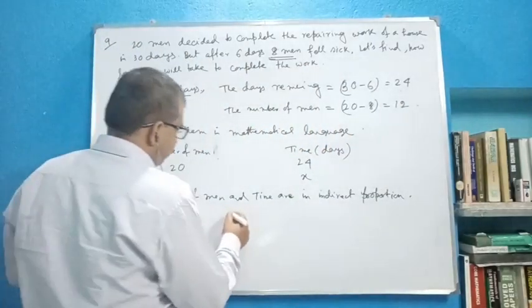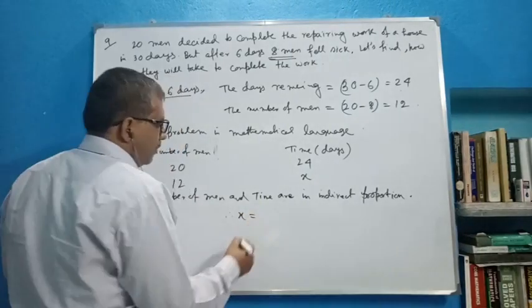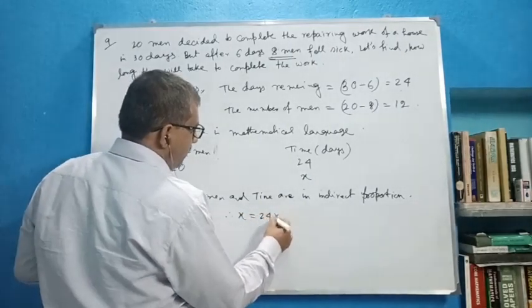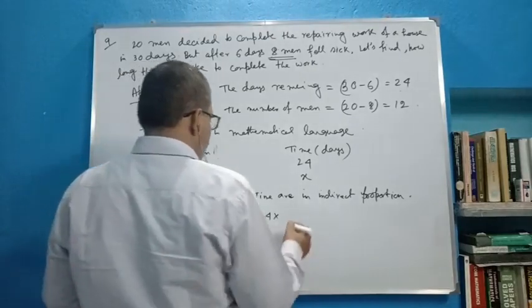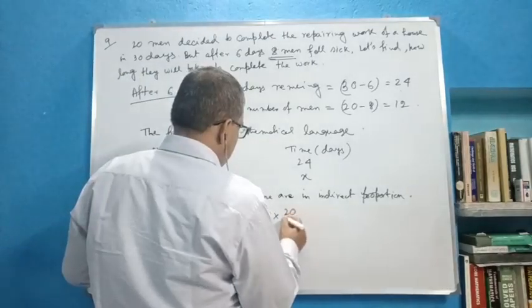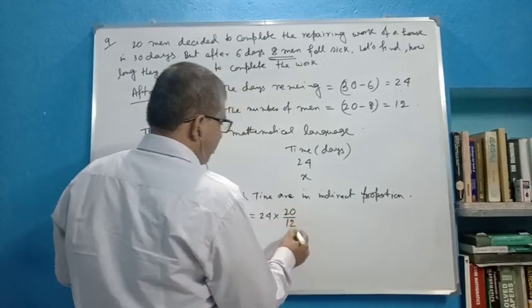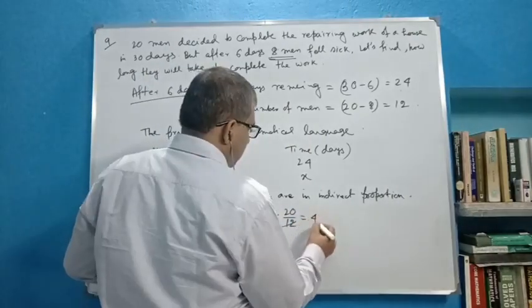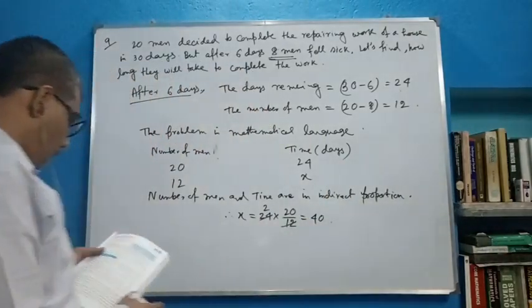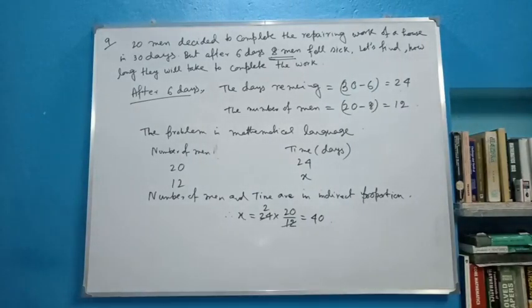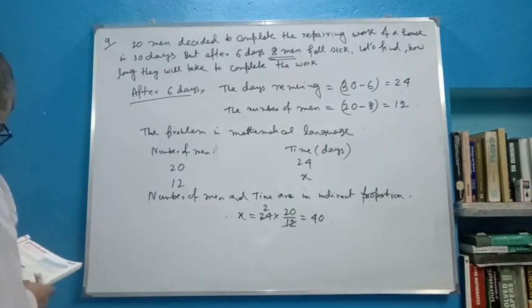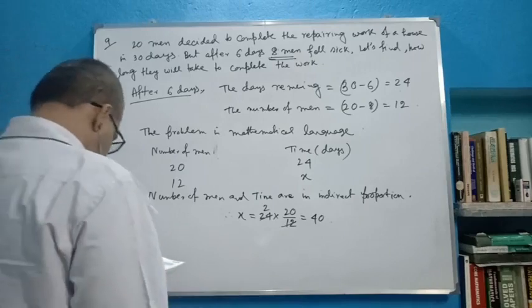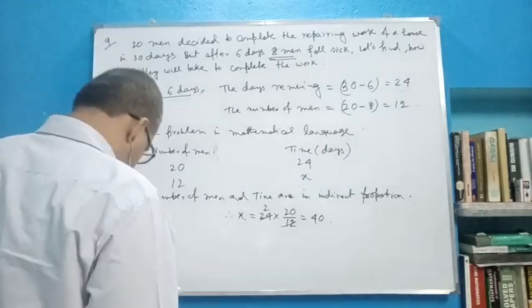Therefore, x is equal to, like the previous one, 20 by 12 times 24. 12 twos are 24, 2 into 20, that is 40. So the time taken by the men, obviously, is 40 days.